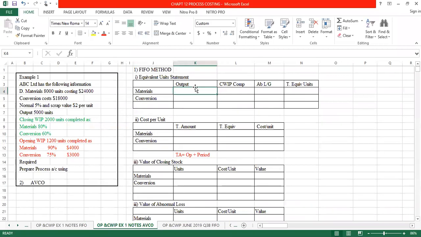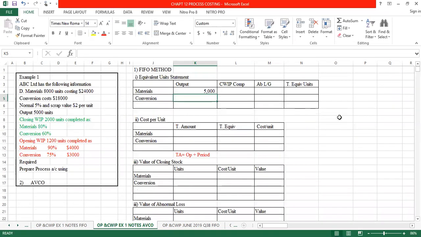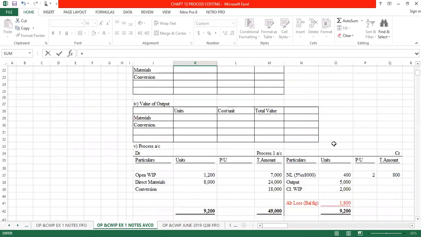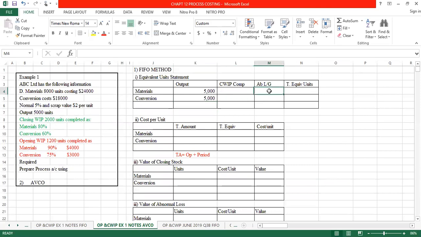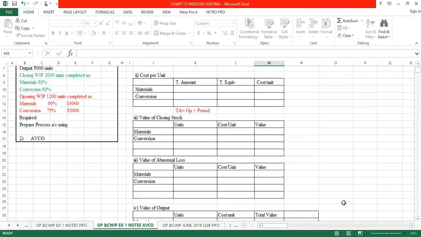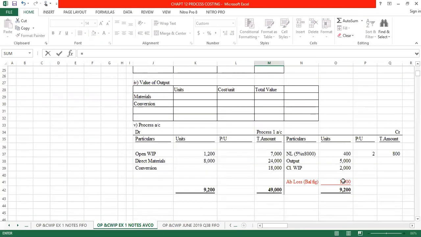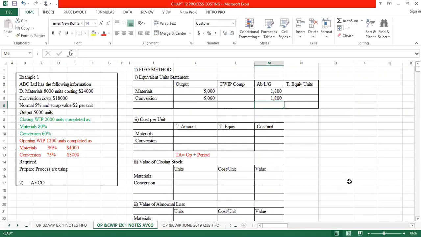So what are our output units? Our output units are 5,000. That does not change. Our abnormal loss is 1,800. So abnormal loss is 100%, unless you are given percentages.